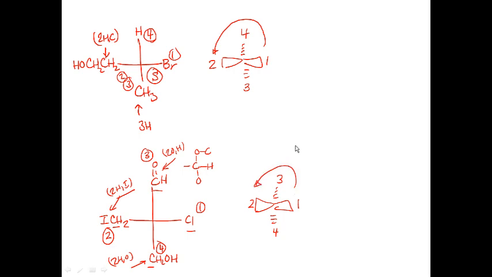Didn't have to switch any groups because the fourth group was away from me. Going from 1 to 2 to 3 is counterclockwise. And so this is the S configuration. Okay. So once you determine your R and S, dealing with Fischer projections is pretty straightforward.